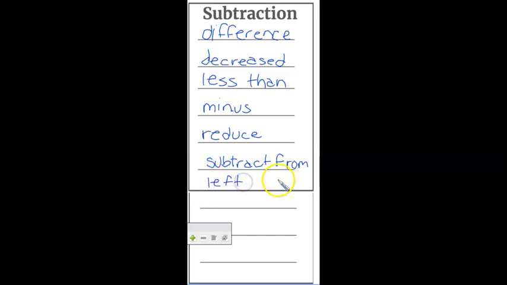What would be left if I took 6 from 11? What is left? That's a clue word that they probably want you to subtract. Also, fewer than. 5 fewer than 11 is 6. And I think that's probably about what we need there. So these are your subtraction clue words.